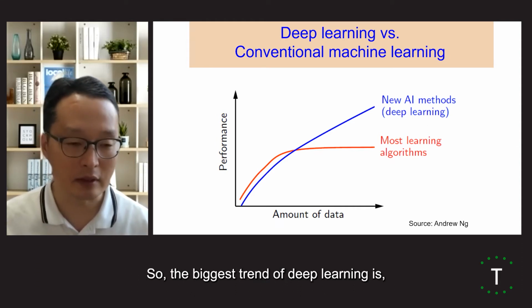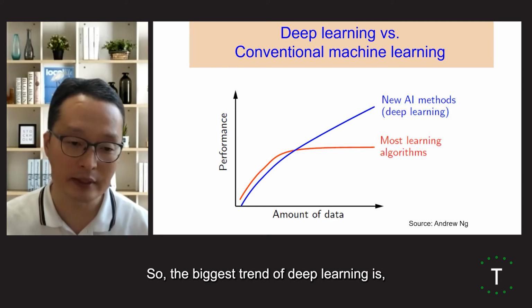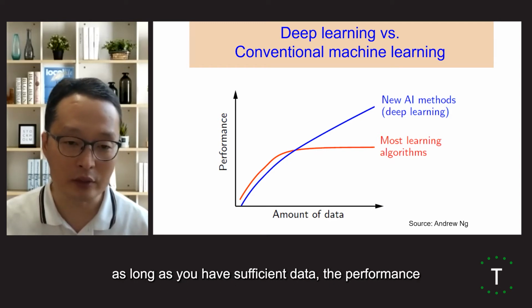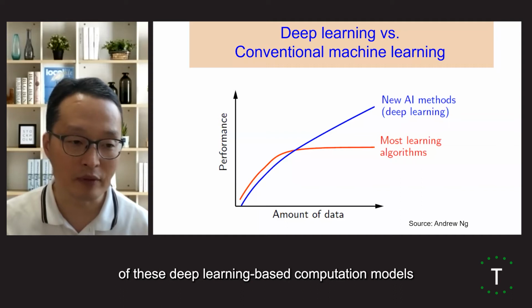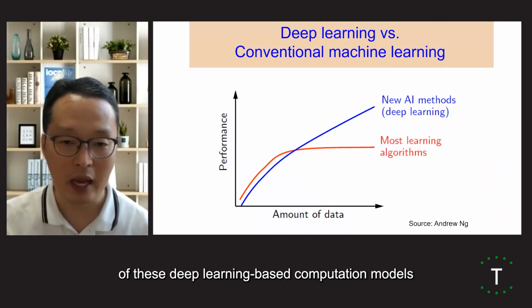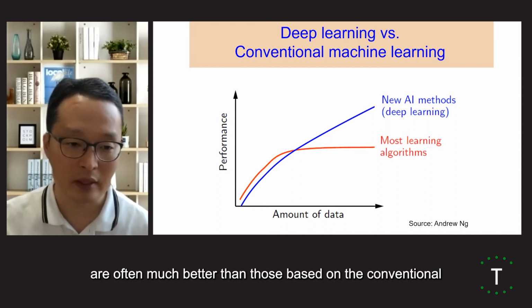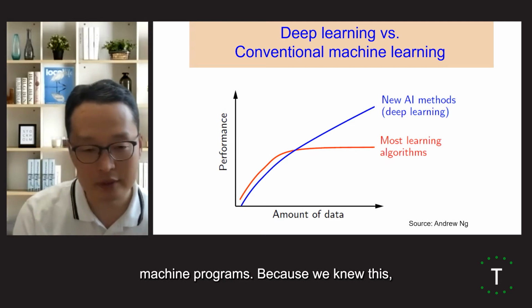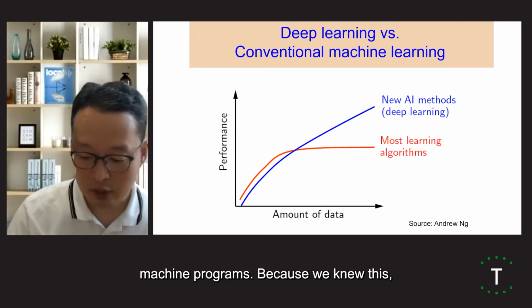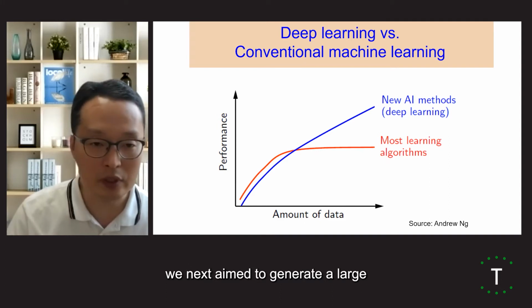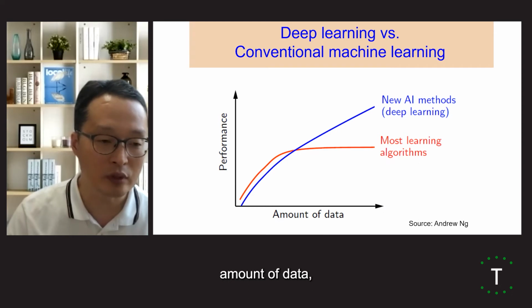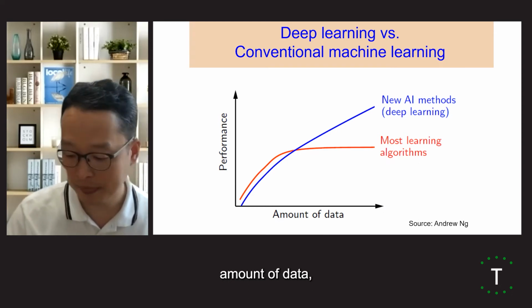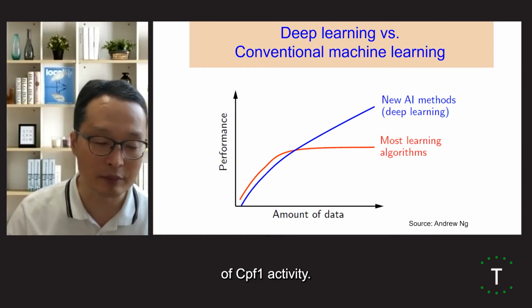The biggest strength of deep learning is that, as long as you have sufficient data, the performance of these deep learning-based computation models is often much better than those based on conventional machine learning programs. Because we knew this, we aimed to generate a large amount of data on Cpf1 activity.